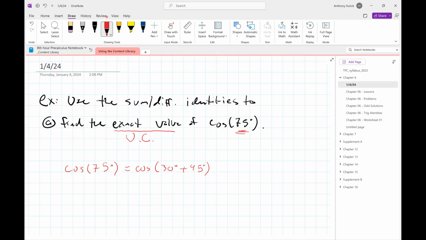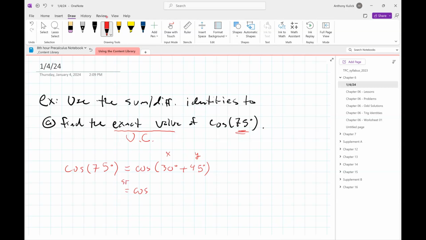If I look at my sum and difference identities, this would be identity 3, SD3, right? Where I have cosine of x plus y. You guys see that on your identity sheet? So in our case, the x is the 30 and the y is the 45.